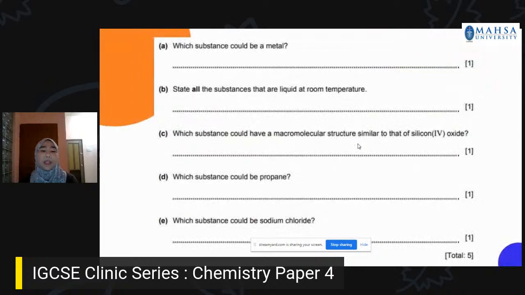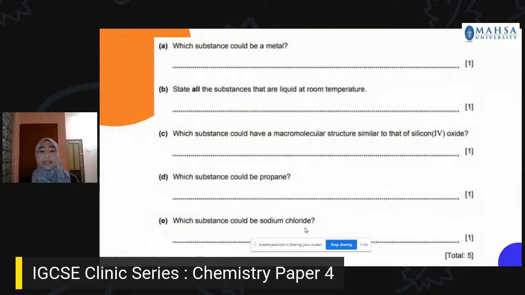Next, which substance could be sodium chloride? When referring to sodium chloride, you need to know what chemical bonding we have in it. Sodium is Na plus, chloride is Cl minus.